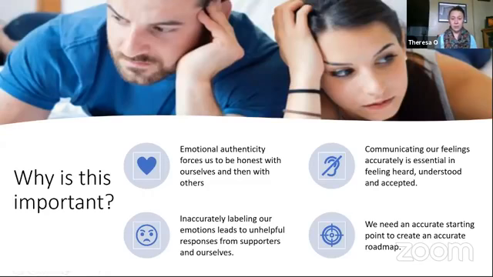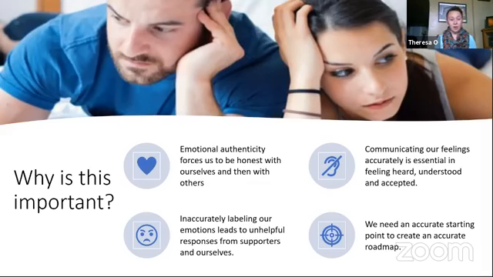So this is kind of where we get into the authenticity part. Working on developing emotional vocabulary helps you and us be honest with what you're actually feeling. If we tend to hide under a guise of broad emotional labels, it can also be easy to not really acknowledge what's going on under the surface, and that's going to be an important place to start.